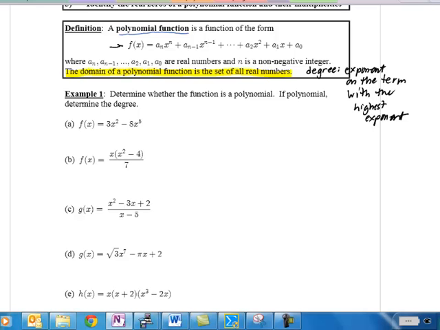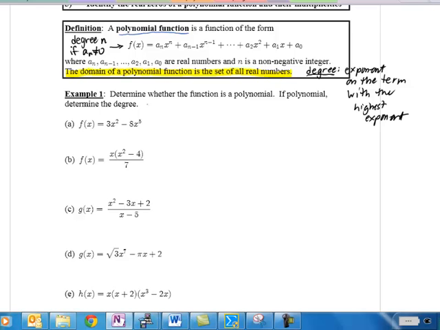So in this example, if a sub n is not equal to 0, then the degree would be n. If a sub n is actually 0 and there's not an x to the n term, then we would look at the first term that's non-zero. So whatever the highest exponent is, that's the degree of the polynomial. That's another definition that's important.